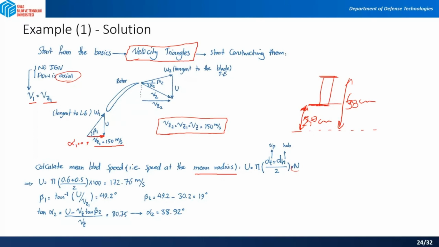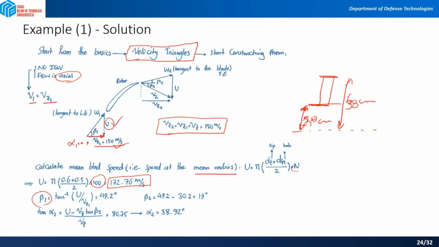So the velocity will be obtained by pi times the mean radius times the rounds per second, which is 100, the question said. So we'll come up with this much velocity as U. Now that we have U and we have VZ, we can find our beta 1.